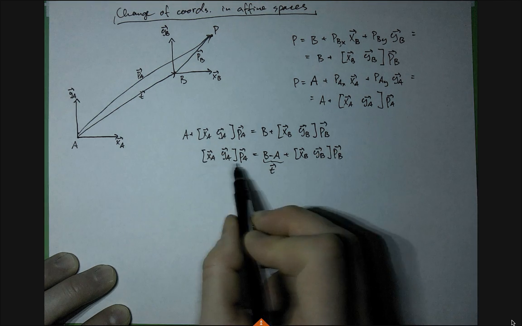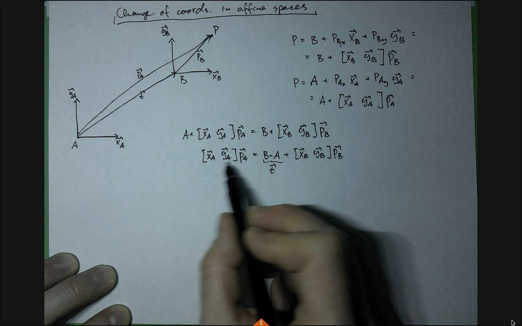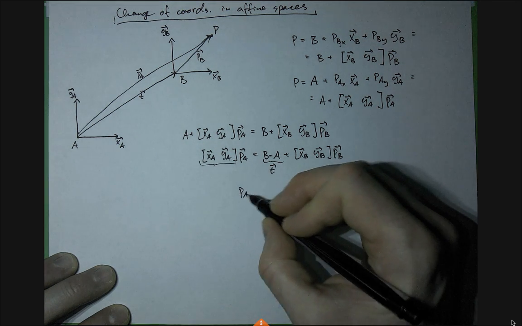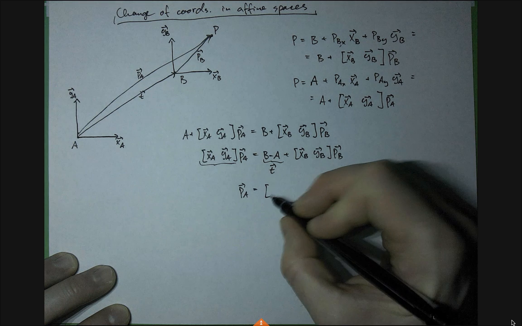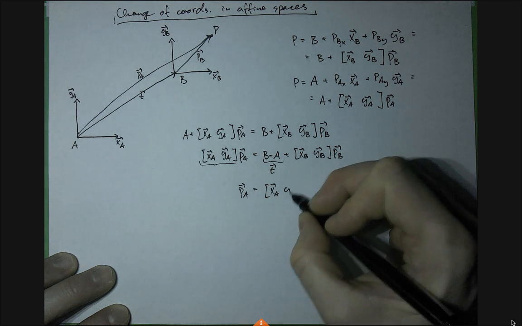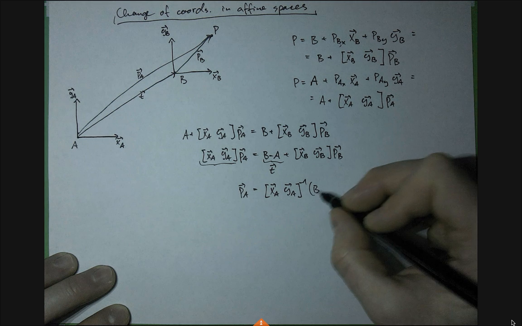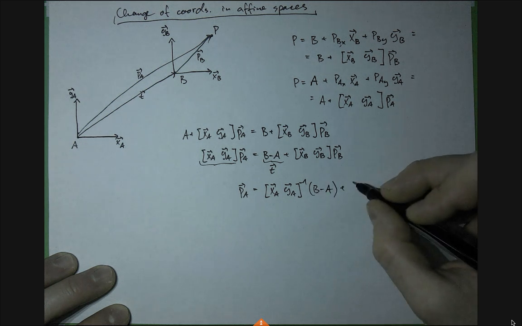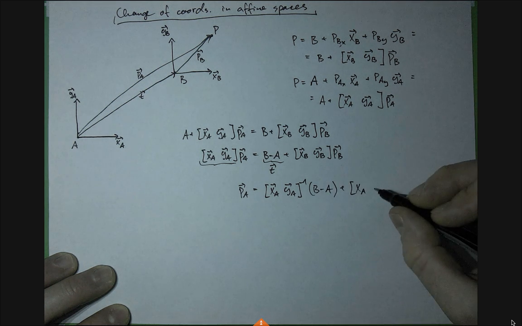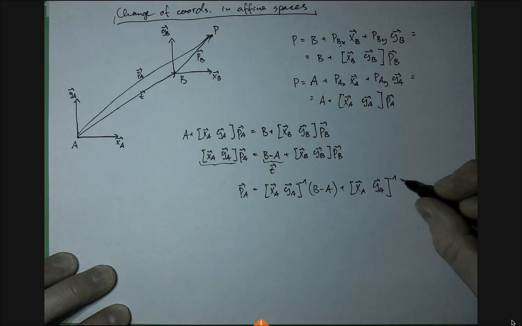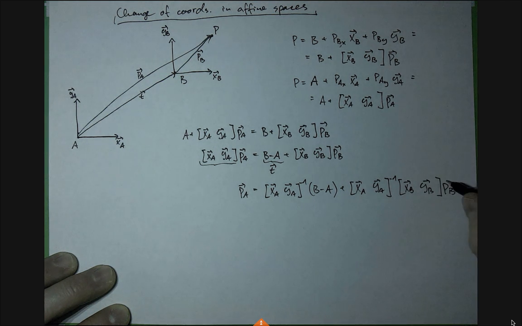And now I can again multiply it from the left by [XA, YA] inverse, by inverting this entire matrix, and this will give me that PA equals [XA, YA] inverse times (B minus A) plus [XA, YA] inverse [XB, YB] PB.